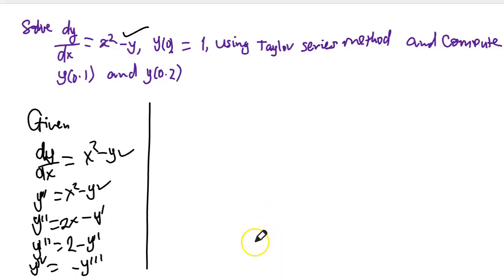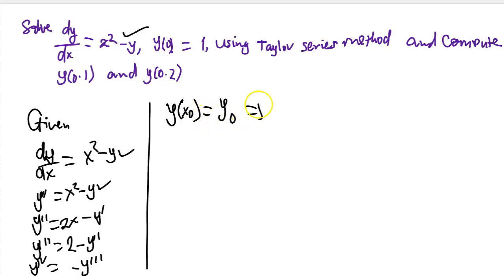Now from here, what you ask yourself is why not? We are told that dy/dx is equal to x squared minus y, and y naught is equal to 1. So what this tells you, if y naught is equal to 1, then y of x naught is simply nothing but y naught, and we are told that y naught is equal to 1.